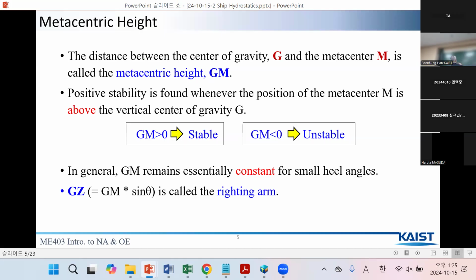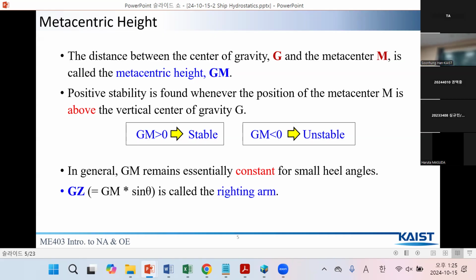So when calculating GM, we assume that the ship is stable, with a small heel angle, essentially or nearly constant. G is also changing, M is also changing, but with very small changes. It's essentially stable or constant.